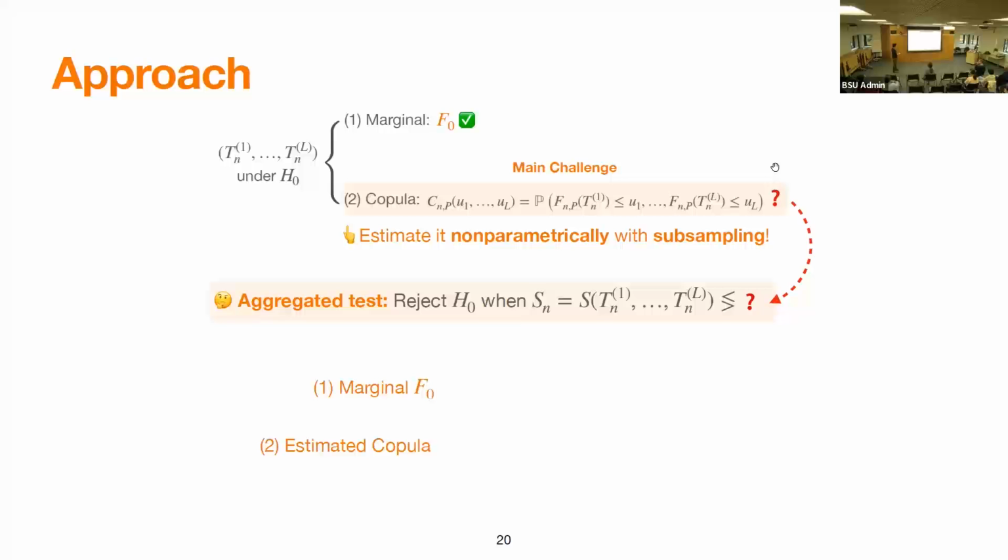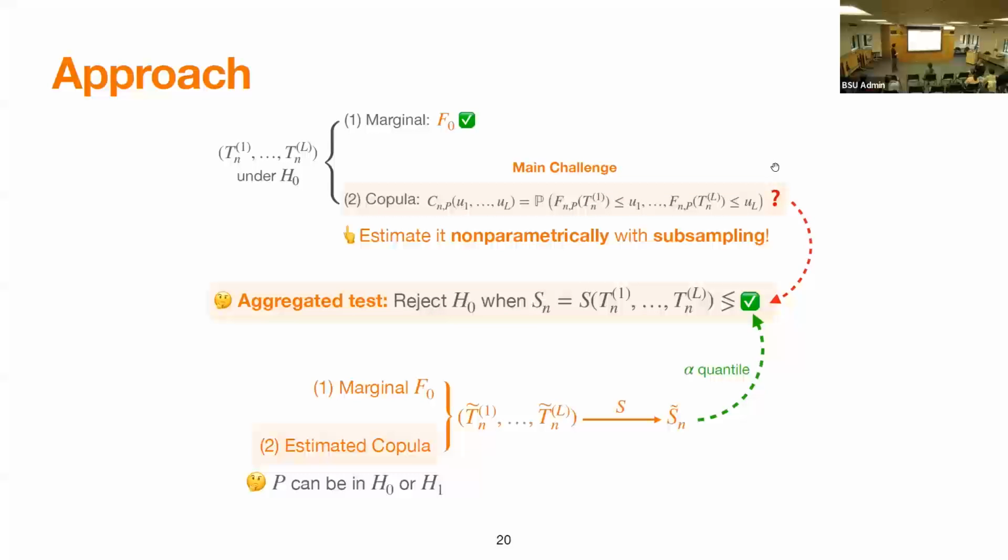Suppose I have an estimated copula, and by our assumption, I know the marginal null distribution. Then I can combine them and call the resulting statistic vector T tilde 1 through T tilde L, and apply my aggregation function, called S tilde here. I query the S tilde's alpha quantile, which serves as my critical value to compare with the aggregated statistic.